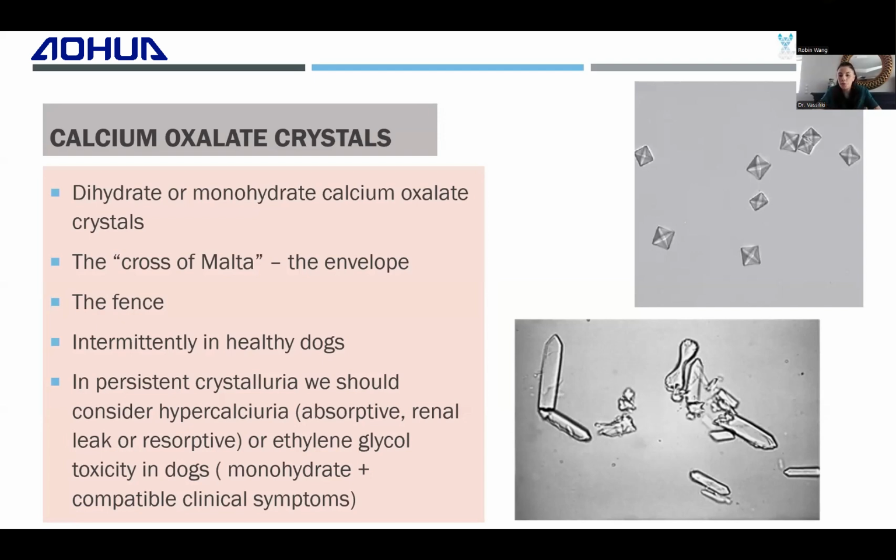Hypercalciuria could be absorptive, renal leak, or reabsorptive, or we can think of either hypercalciuria or ethylene glycol toxicity in dogs, where we will have calcium oxalate monohydrate crystals and compatible clinical symptoms of an underlying toxicosis. And ethylene glycol toxicity, do you know what is the most common source of dogs swallowing or licking ethylene glycol?